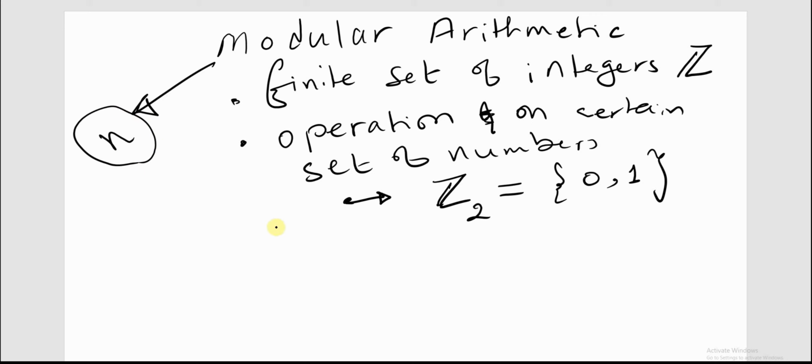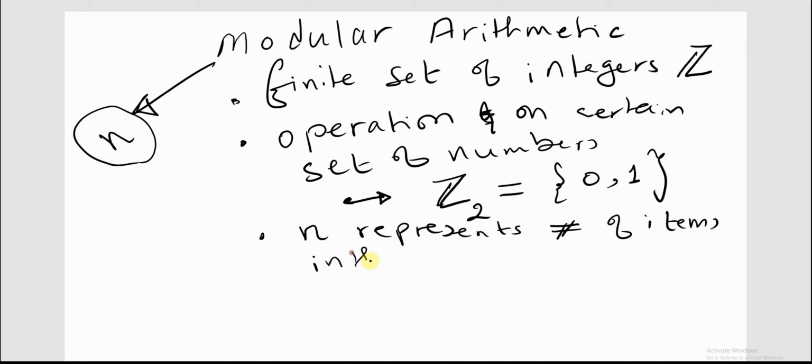So again, we can say that n represents the number of items, which is digits, in the set.